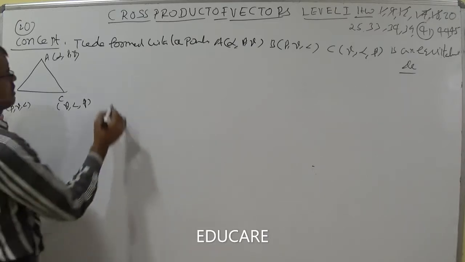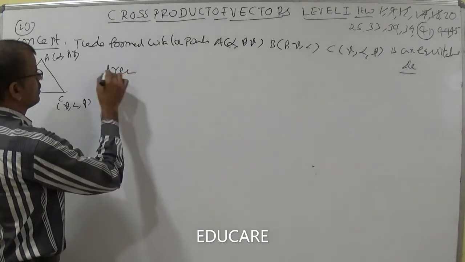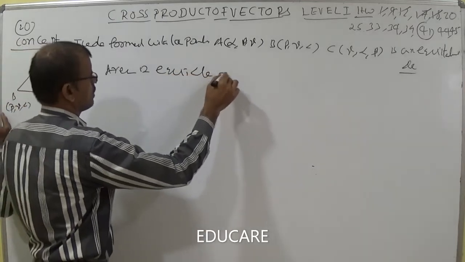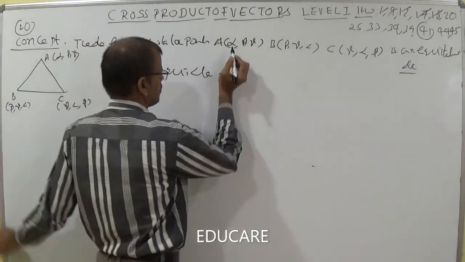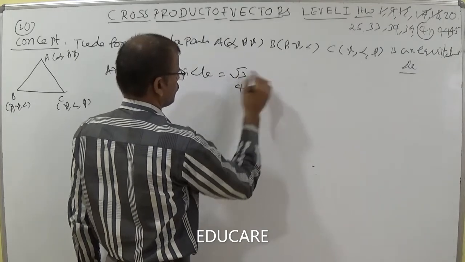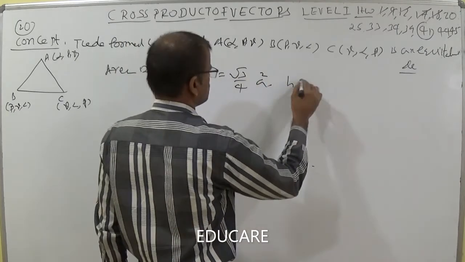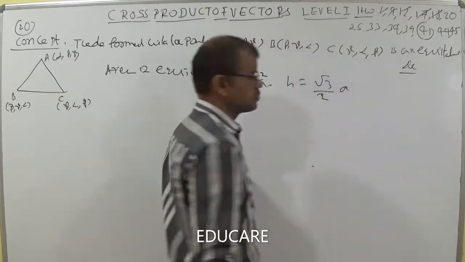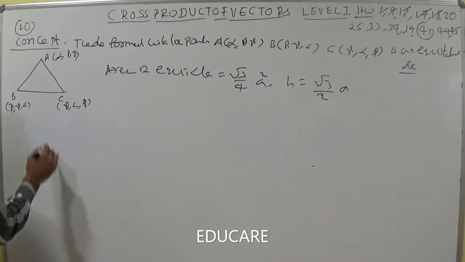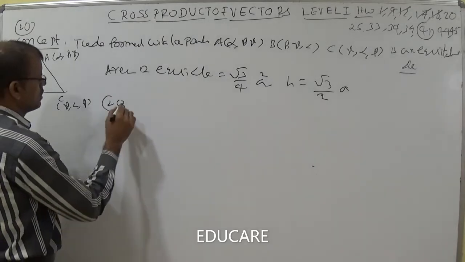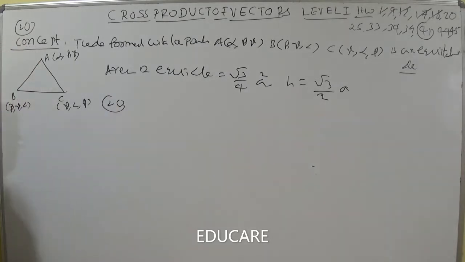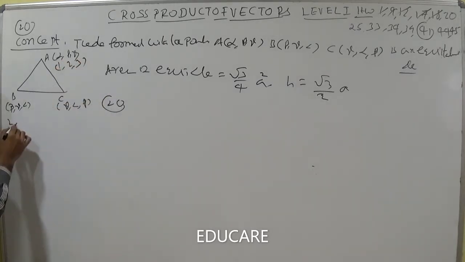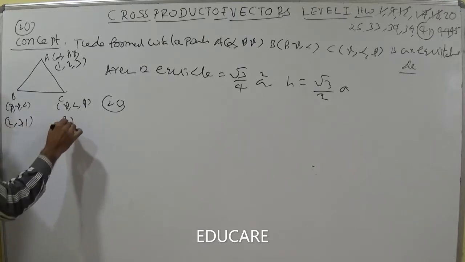We know that the area of an equilateral triangle is root 3 by 4 a square, and let us remember h equal to root 3 by 2 a. So in the 20th question he has given the points as 1, 2, 3, and 2, 3, 1, and 3, 1, 2.